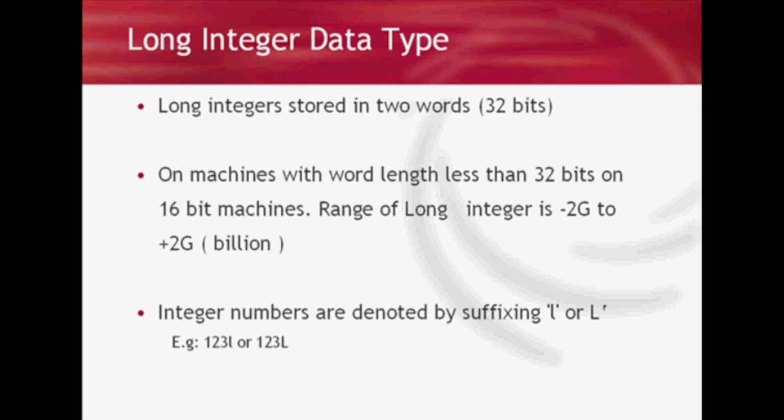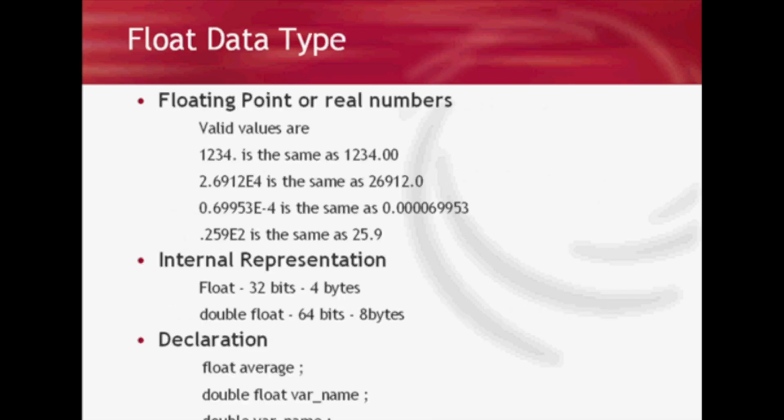The value of long integer can vary from -2 giga to +2 giga, that is 2 billion. Long integer numbers are denoted by suffixing l or capital L. For example, 123l or 123L.